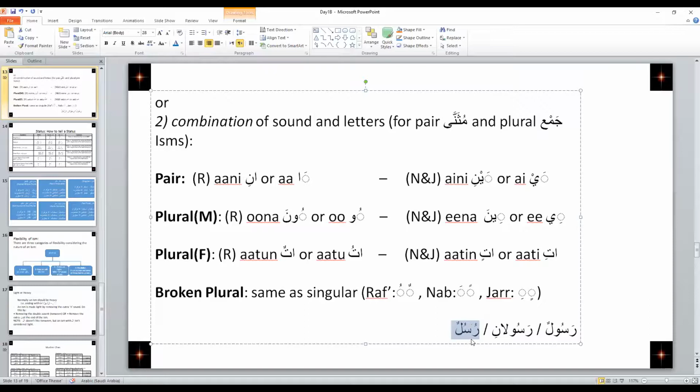So any plural that changes from the form of the singular or doesn't have the form of the singular intact is known as a broken plural. And it can be human, as we see it here. So this one is known as human broken plural. And then we can have the non-human broken plural.